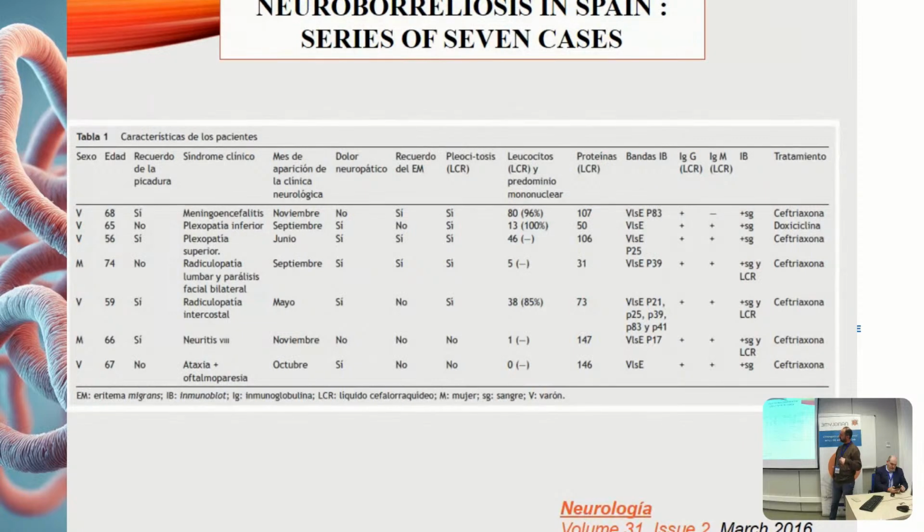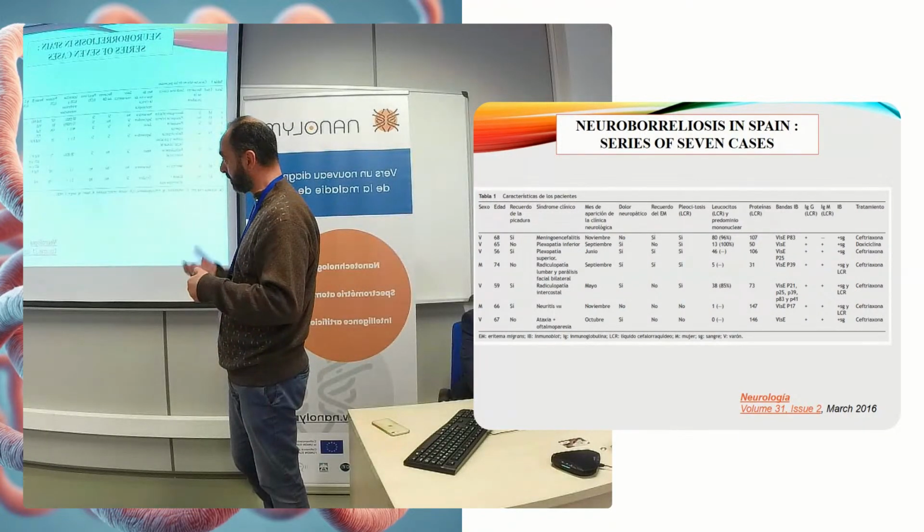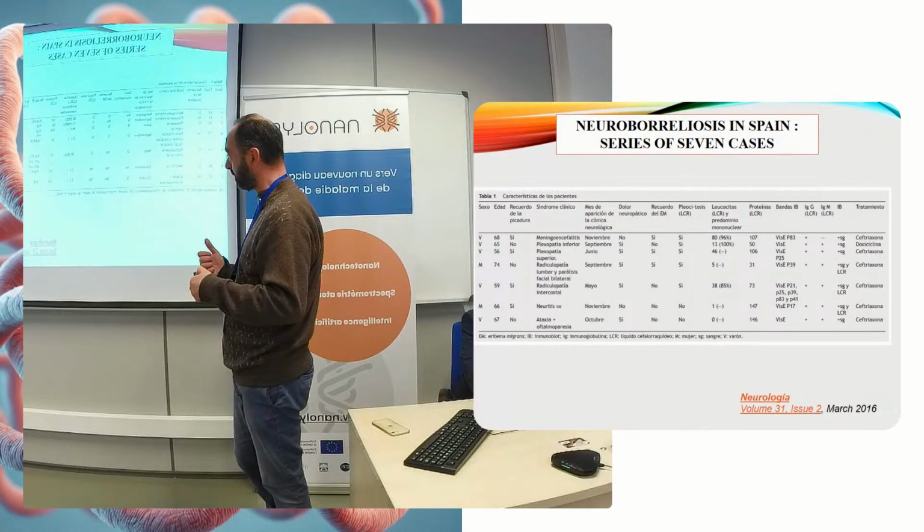What is interesting in this study is that in 5 patients, there are all the anomalies we can expect in a lumbar puncture, with anomalies of the cells, but for 2 patients, there was no inflammatory reaction. So sometimes the analyses are not very significant.